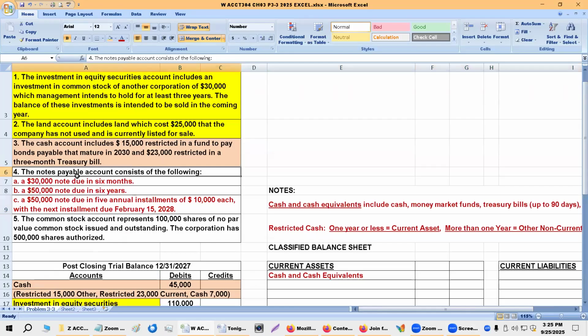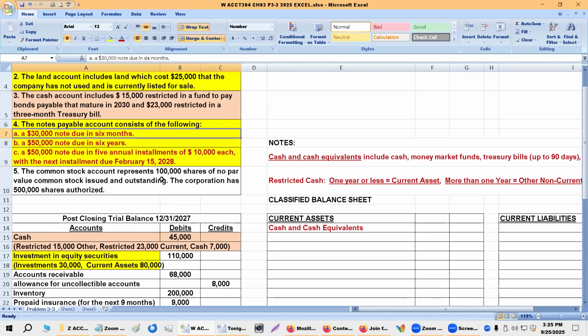Are we done? No, we're not done. Not even close. Okay, notes payable consists of the following: 30,000 is due in 6 months. 50,000 is due in 6 years.